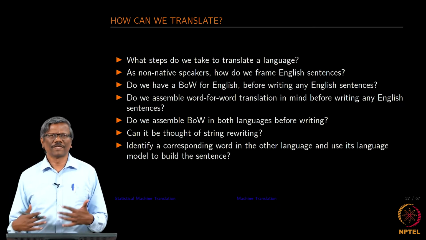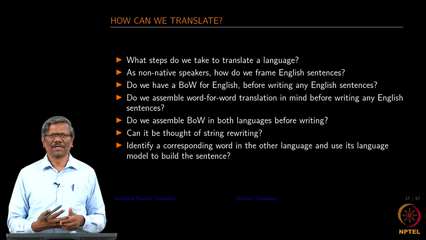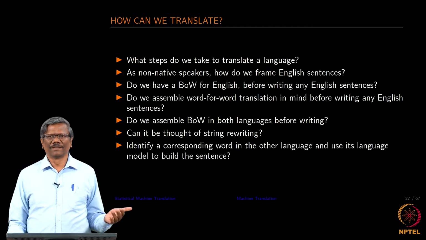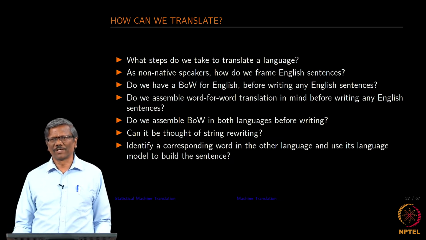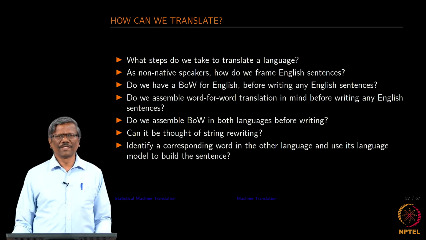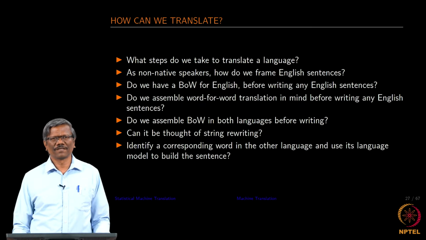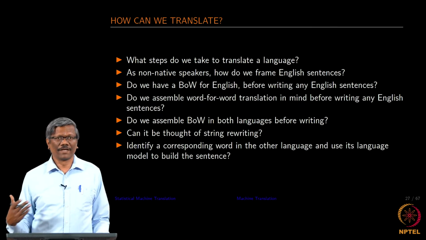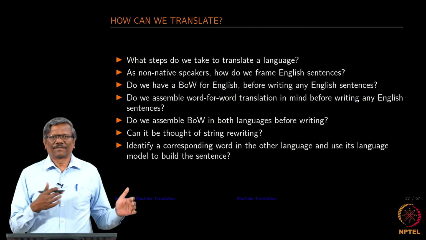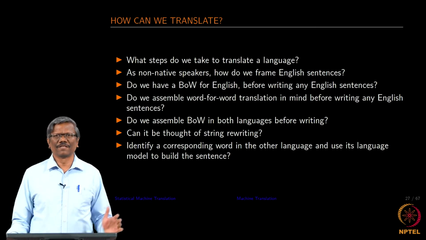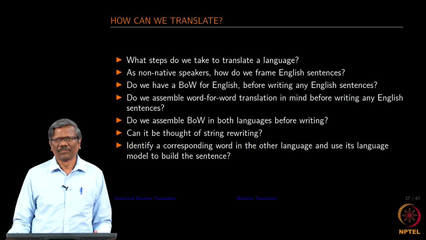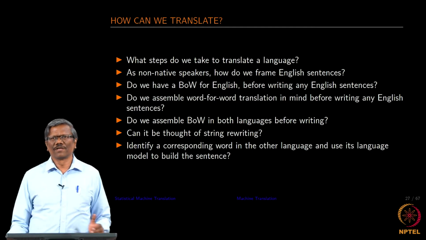So, what steps do we normally do? As a bilingual, if somebody speaks in Tamil and you have a friend who does not understand Tamil, you want to give him the English translated version. What steps do you take? First thing is, we try to understand the meaning of that sentence, since we know that language well, and then we also know English.